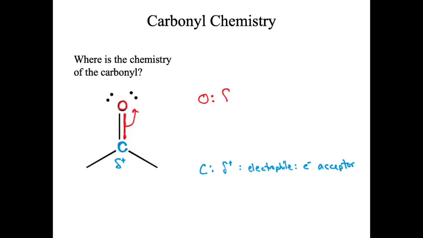It would be partially negative. This would make it a nucleophile, and thereby an electron donor. What other things can donate electrons other than nucleophiles? Bases.